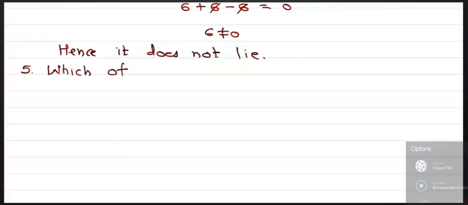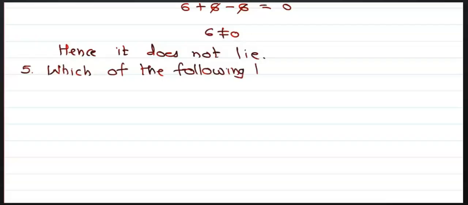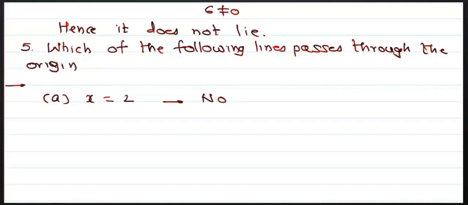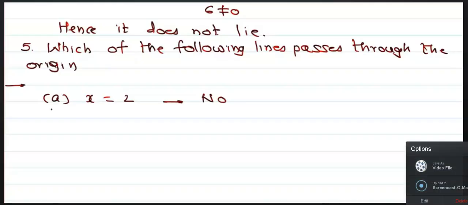Now the next, question number 5. Which of the following lines passes through the origin? x is equal to 2? Now, what is the line x is equal to 2? It is parallel to the y-axis and therefore it doesn't pass through the origin. y is equal to 3 is parallel to the x-axis.